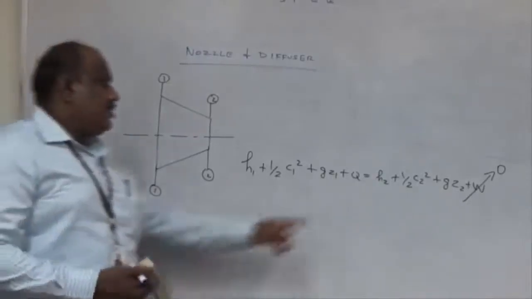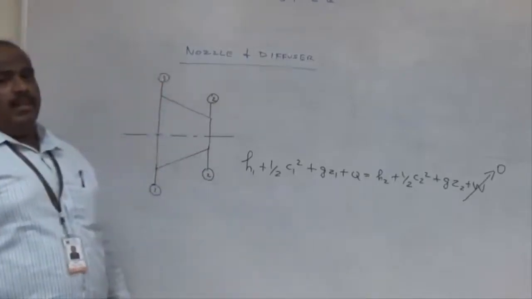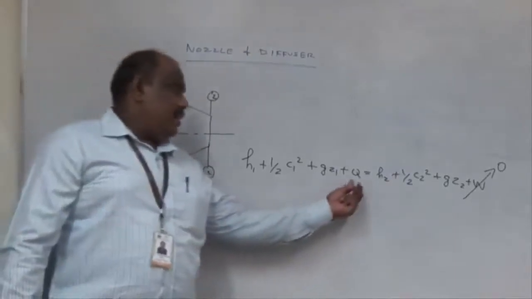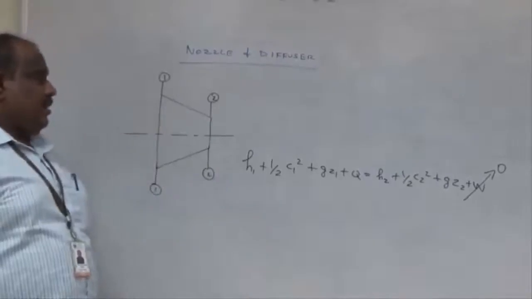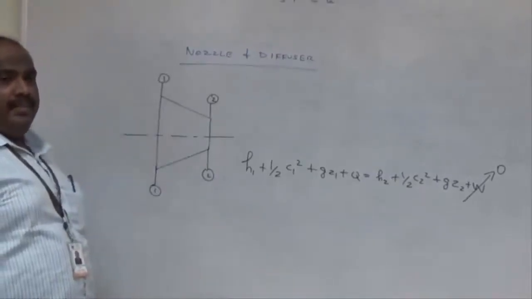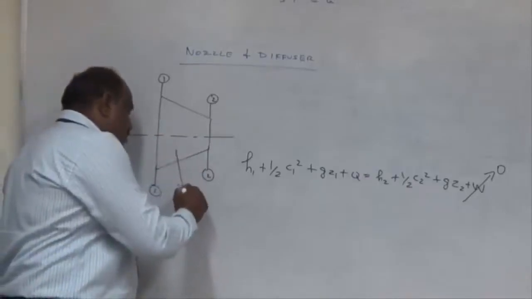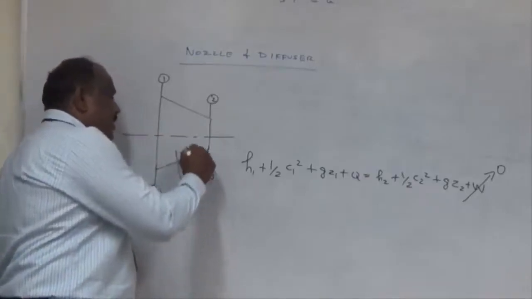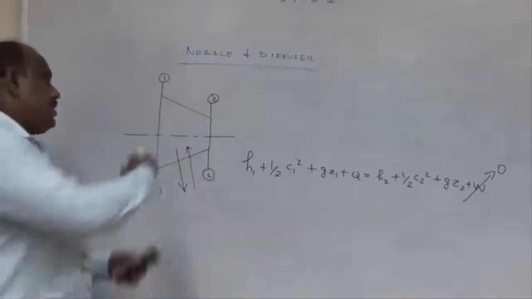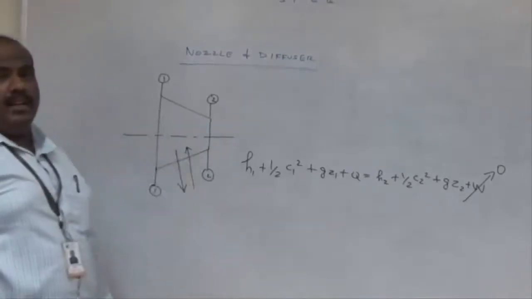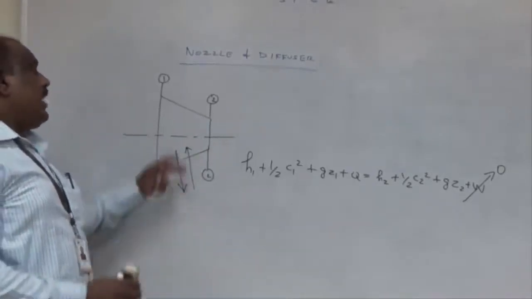What about the heat transfer? It can be 0. Why is it 0? The fluid has heat, but the heat is not transferred from the system to the surrounding or from the surrounding to the system, which means the nozzle is perfectly insulated. So it is made adiabatic.